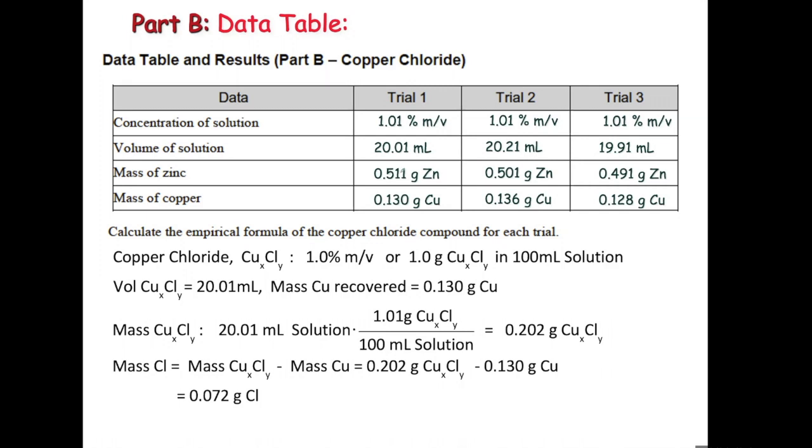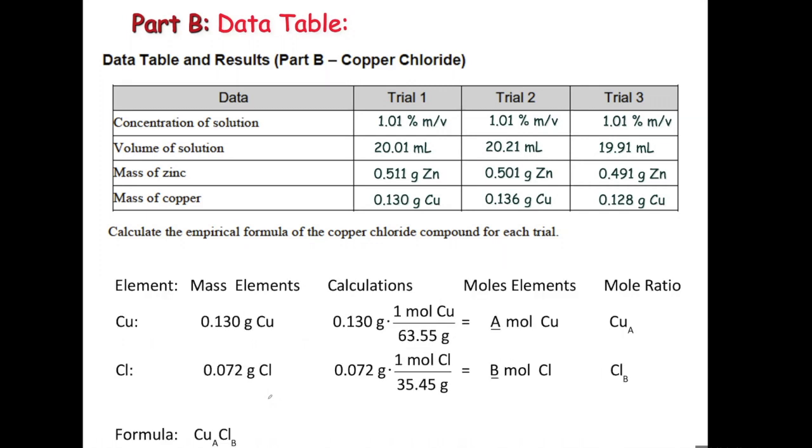So when you do that, these are the mass of the zinc and the mass of the copper. Okay, so the mass of the copper chloride minus the mass of the copper is 0.202 minus 0.130, that's 0.072. The next thing we want to do is now convert the mass of the copper to moles of the copper using the atomic weight.